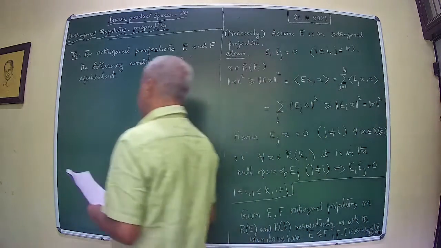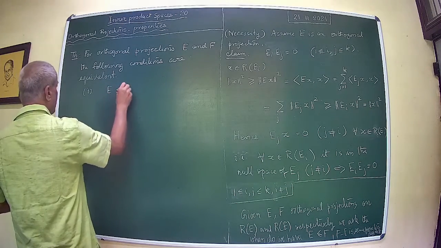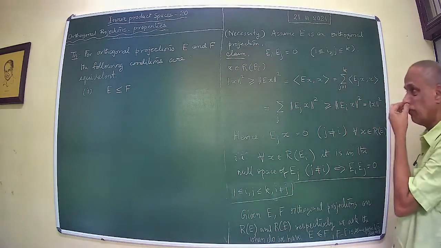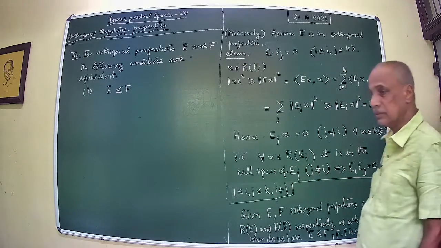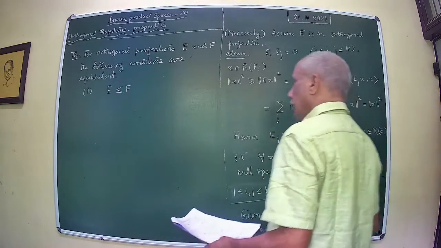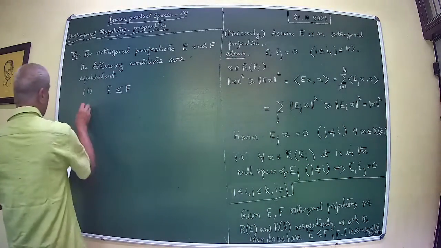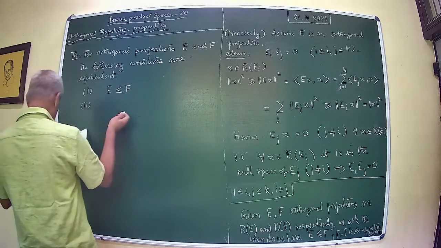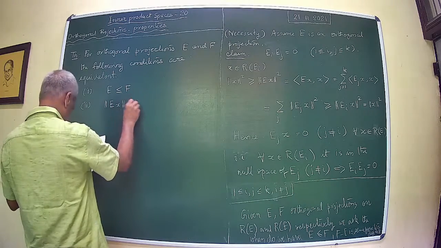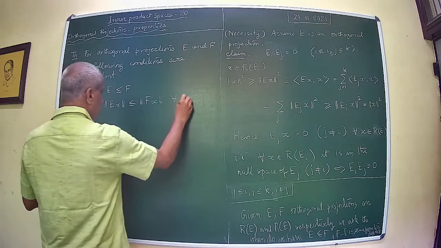The first condition is that F minus E, the linear transformation F minus E, is semi-positive definite, by which you mean this property. We'll give details of that soon. This is equivalent to saying that the norm of Ex is less than or equal to the norm of x.